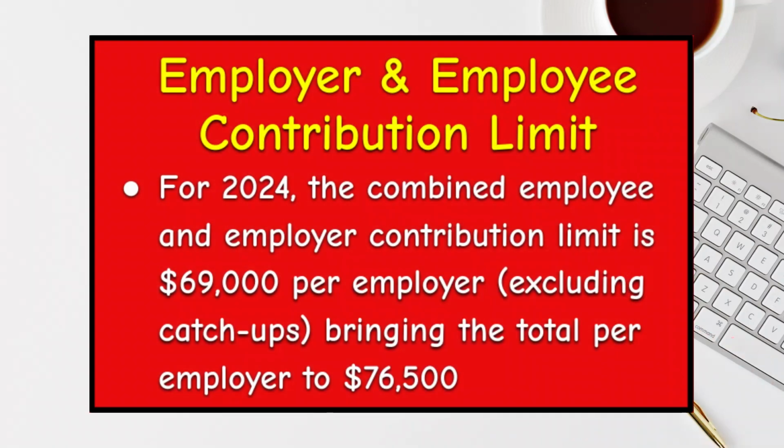Also, there are limits to how much your employer can contribute in matching contributions in a given year. For 2024, the combined employer and employee contribution limit is $69,000 per employer. This amount excludes the $7,500 catch-up contribution, bringing the total allowable employer and employee contributions per employer to $76,500 for the year.